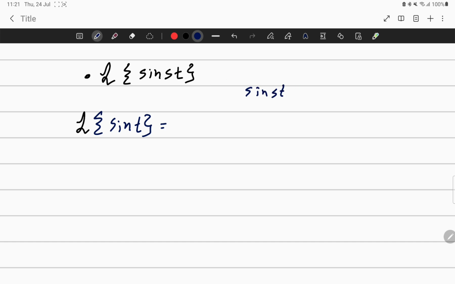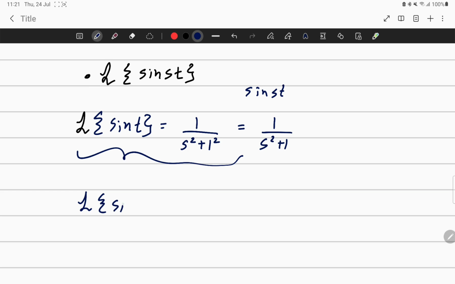So let's say the Laplace transformation of sin t is 1 over s squared plus 1 squared. I know that one. It is 1 over s squared plus 1. So using this one, I need to find the Laplace transformation of sin 5t.